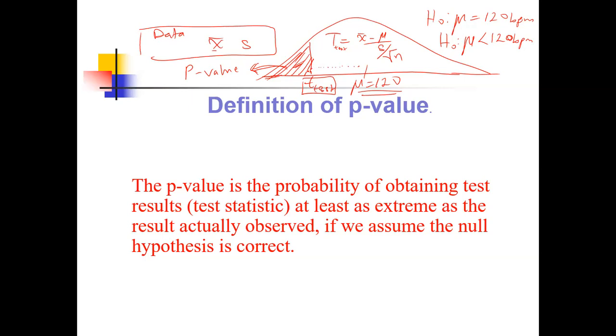So the p-value is trying to measure the probability, the proportion, or the percentage chance, right? Better put as a probability that this test statistic is this far away from the truth, if actually this is the truth. So that's why it says at least as extreme as what we have got, assuming the null is true.